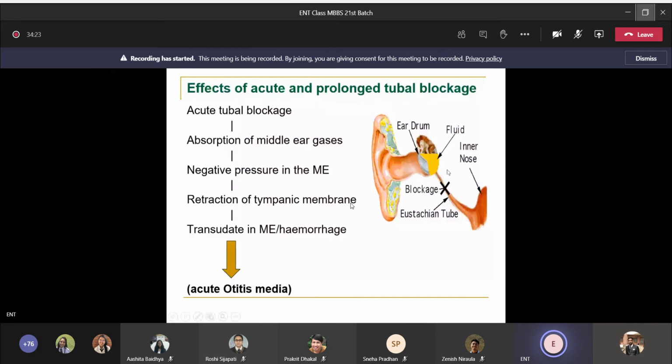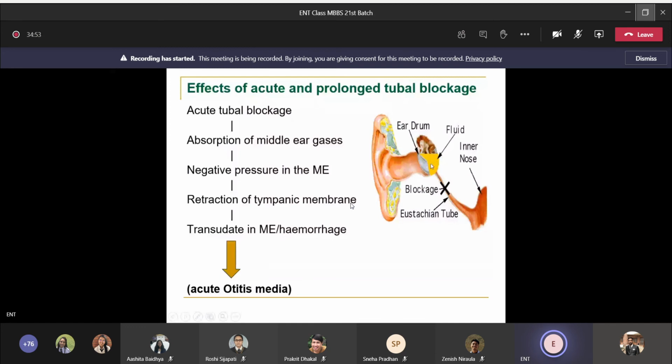Now, see in this picture, if the tube is blocked, the middle ear cavity is not properly ventilated. So the air that is there goes to negative pressure, okay? And that will lead to retraction of the tympanic membrane. Now, if the blockage continues, then there will be later formation of hemorrhage or transudate in the middle ear.